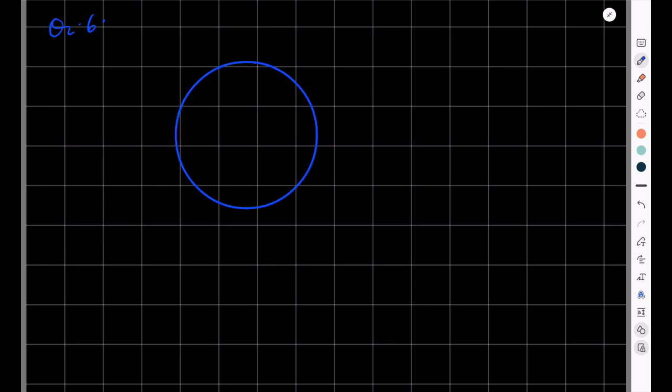Okay, so it's talking about an external point A. Let it be like this, maybe point A. This is the center of the circle, and probably this is 5 centimeter, isn't it?